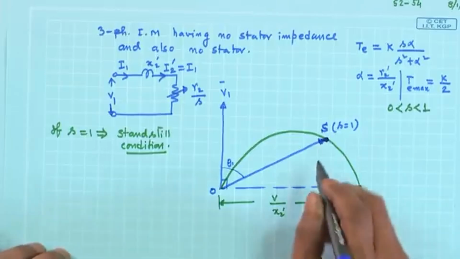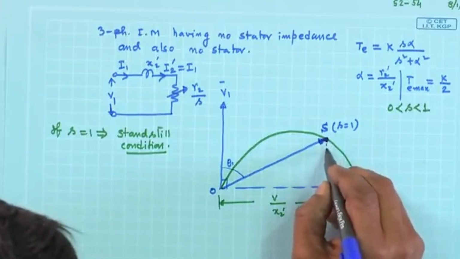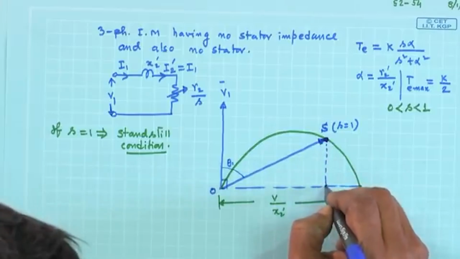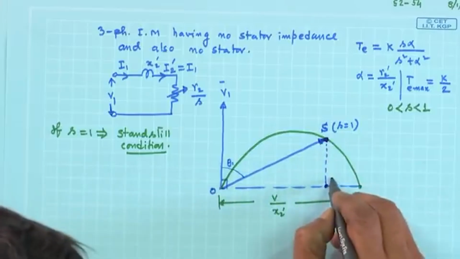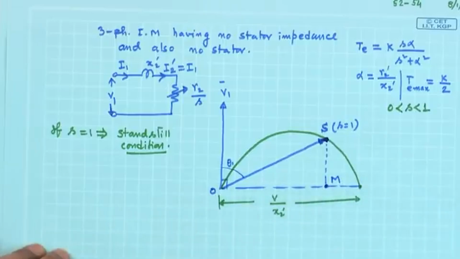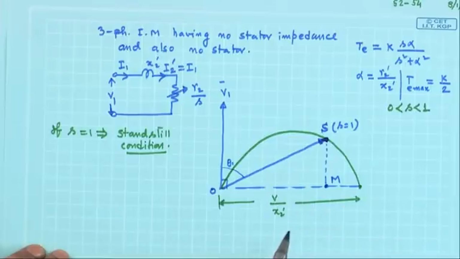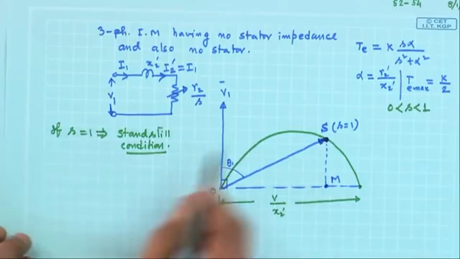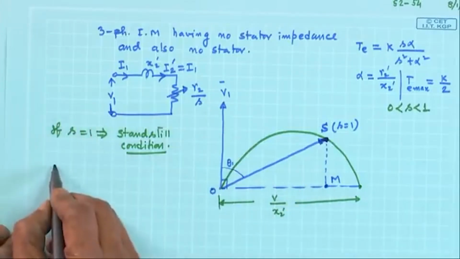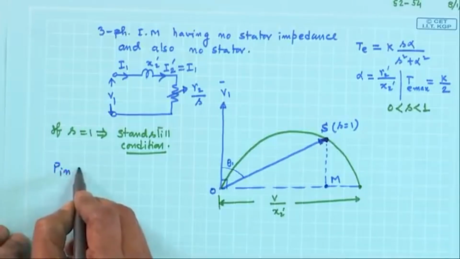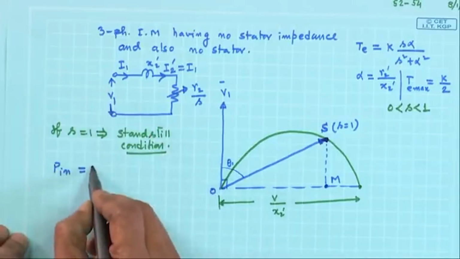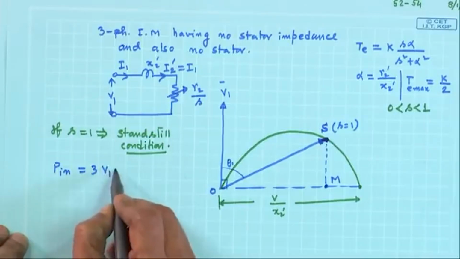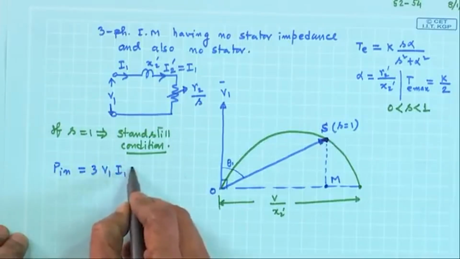Now, what you do is drop a perpendicular from this point on the diameter of this circle. Suppose it is SM. As you can see, the input power to the circuit from the supply side will be 3 V1 I1 cos theta.